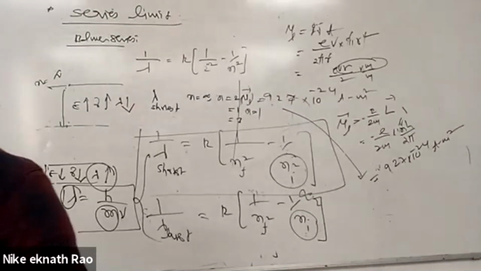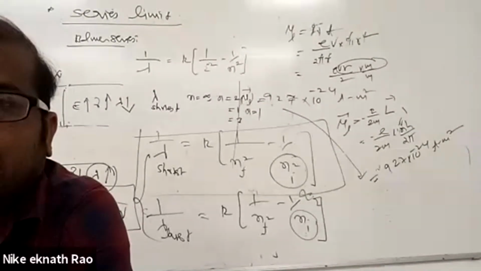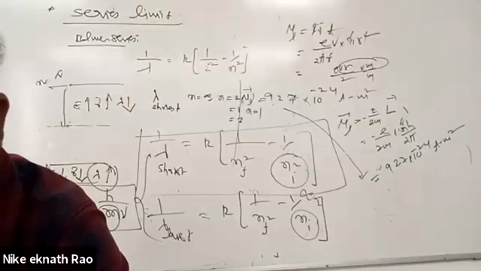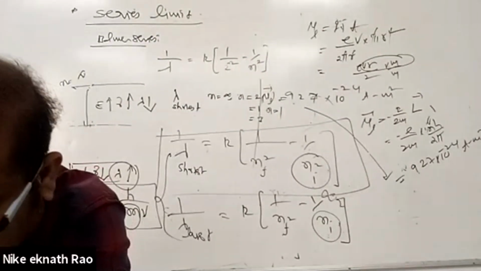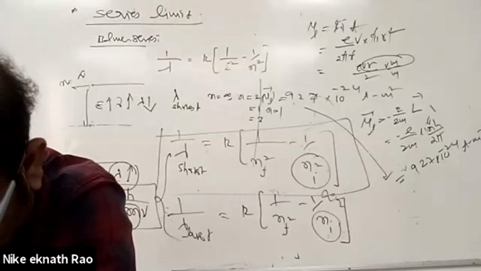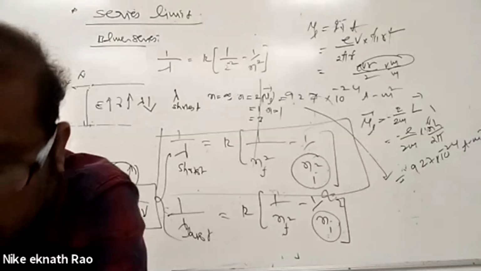The wavelength of the H alpha line in the Balmer series of the hydrogen atom is lambda.